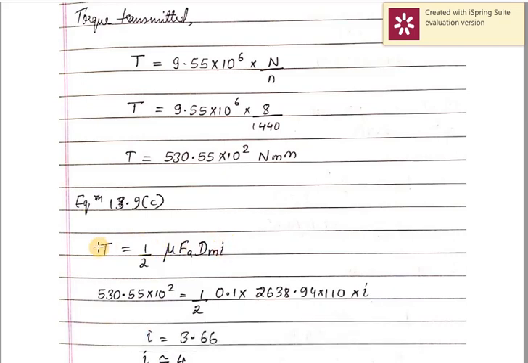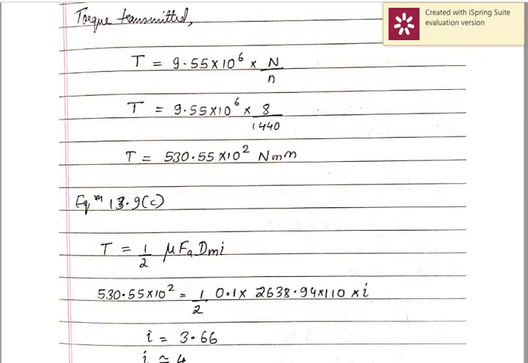To find torque, we know torque is equal to 9.5 into 10⁶ power divided by speed. Substituting power as 8 kilowatt and speed as 1440 rpm, we get torque as 530.55 into 10⁵ Newton millimeter.